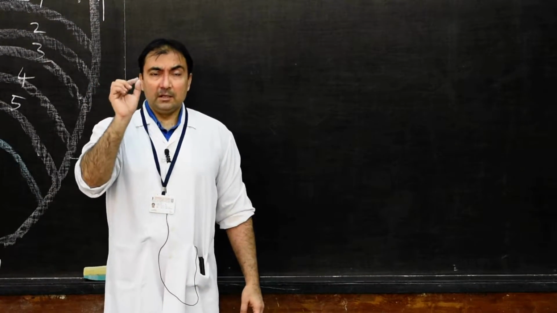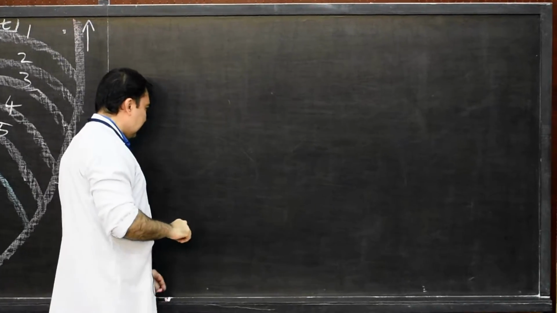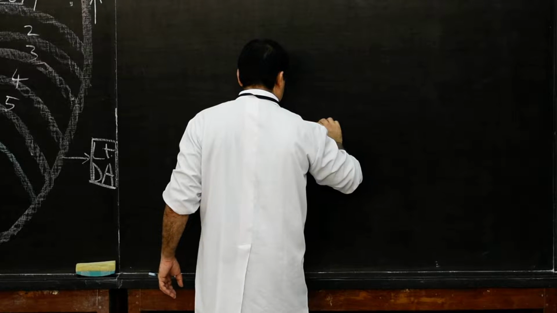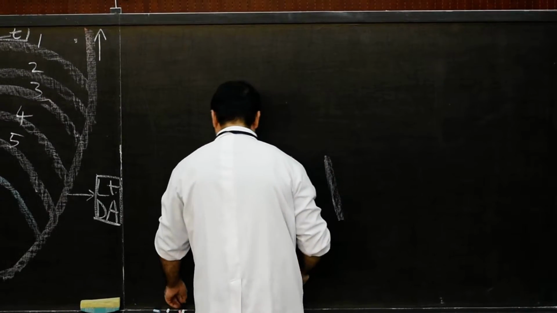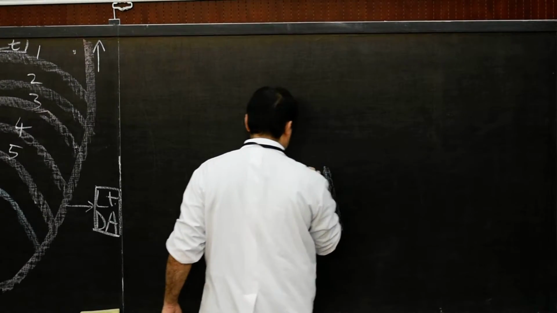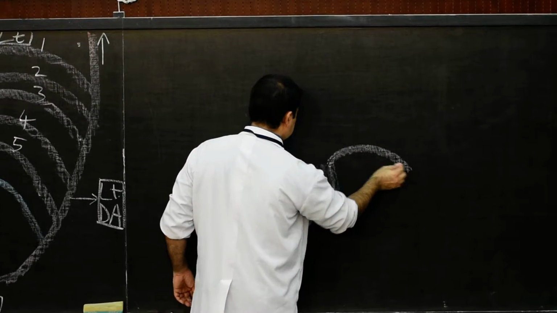So now, in the branchial stage, once again, we draw the diagram, but there will be a slight difference. First we draw this diagram here. Here we show the aorta, and in this aorta we show the right and left.